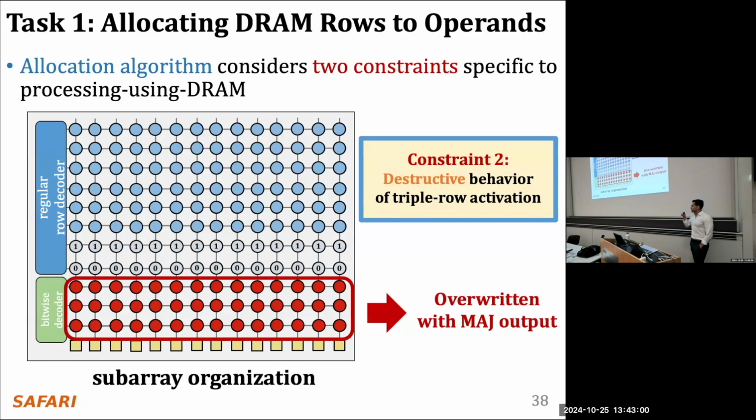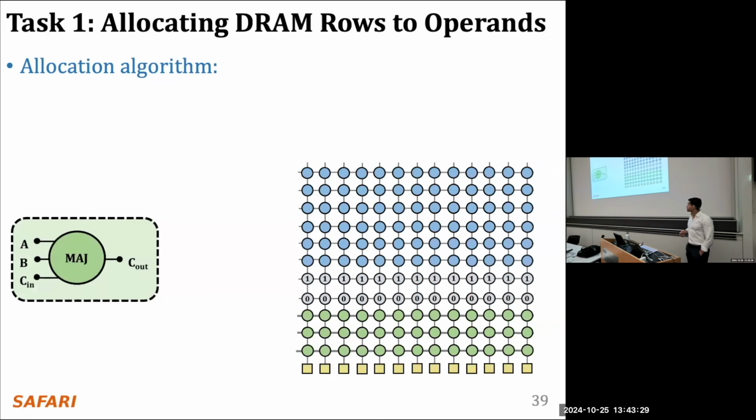And then when the local sense amplifier finishes the amplification process, the charge restoration process is going to start automatically right after. So the data that is latched in the local sense amplifier is going to start being written back to those 3 DRAM cells that were involved during the computation. So if you need the data later on for future use, you need to copy it to a temporary row, otherwise you're going to destroy the data.